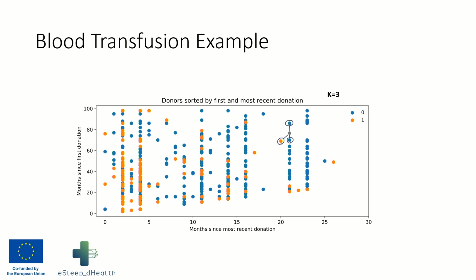And since 2 of them are blue, we will predict that this donor is also blue, so did also not donate at this date. Another example here for this donor. The 3 closest points are those, and 2 of them are orange. That's why we would predict that this person is also orange, so did also donate blood on this date.